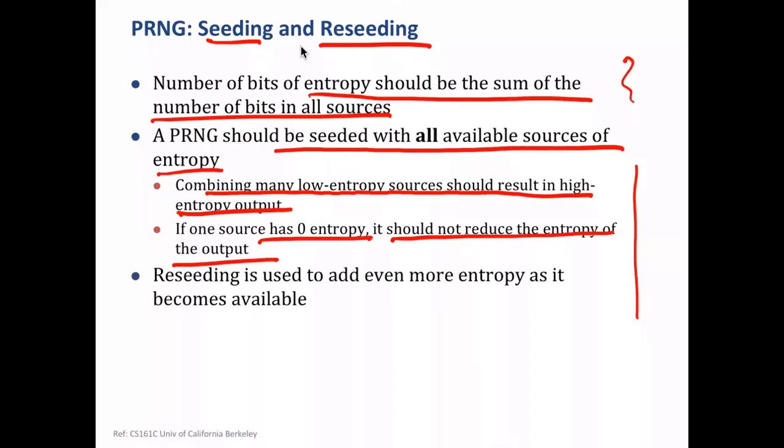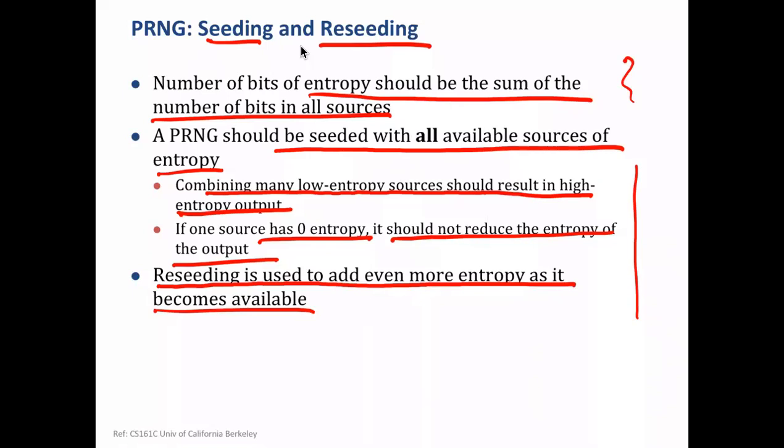So the reseeding concept we have already studied. Reseeding is used to add even more entropy as it becomes available. Note that some entropy sources are slow. So it will take some time to generate output from those entropy sources.